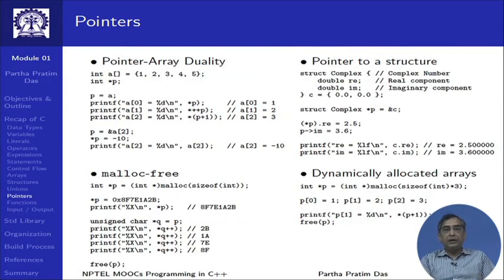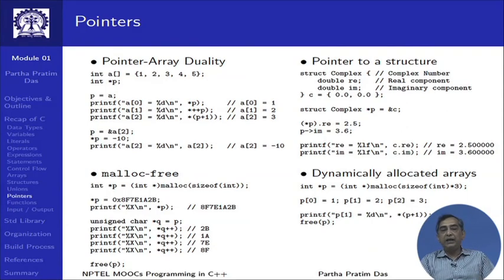Now, pointers can be used in multiple different ways. They are very powerful in terms of creating various idioms in the programming language. The first and the most common is the duality between a pointer and an array, most easily seen in terms of a one dimensional array.